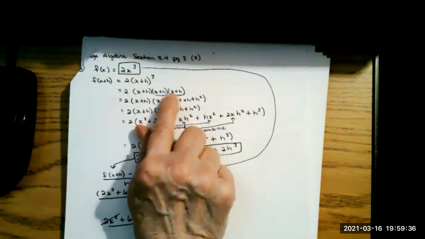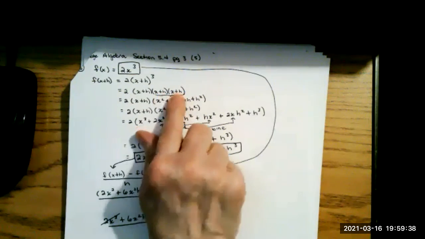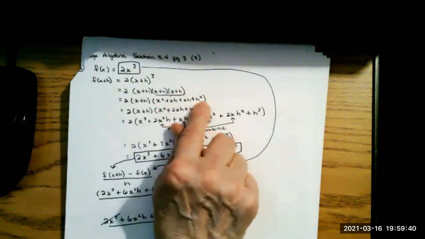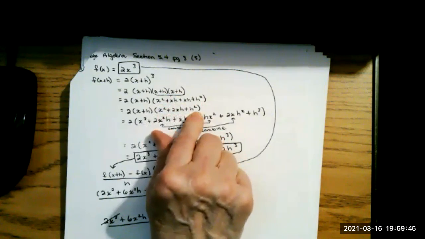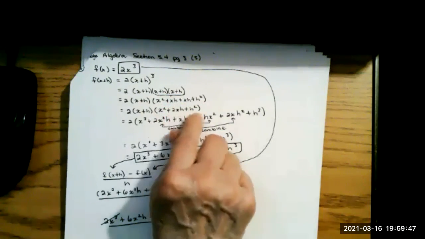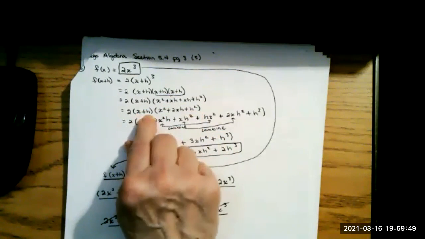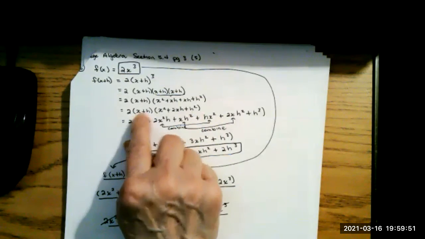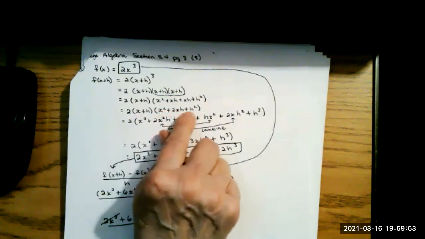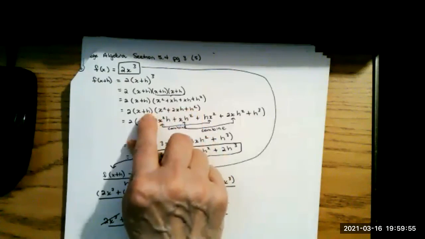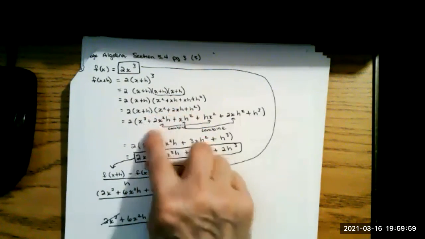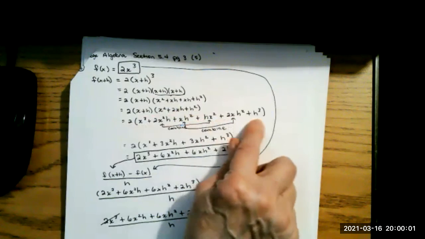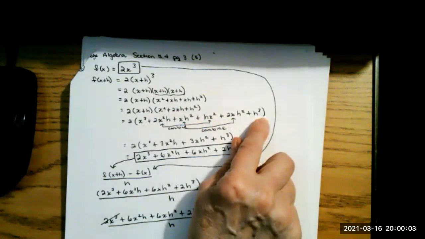If I were you, I would do the last 2 first, and that gives me this. And then I simplified it down to this. And once you get this trinomial times this binomial, you take the x and multiply it by everything in your trinomial. Then take the h and multiply it by everything in the trinomial. And you get this long thing right there.